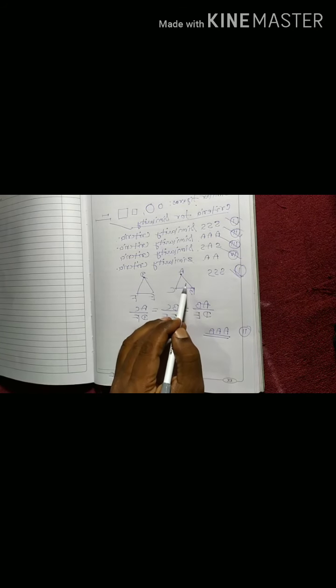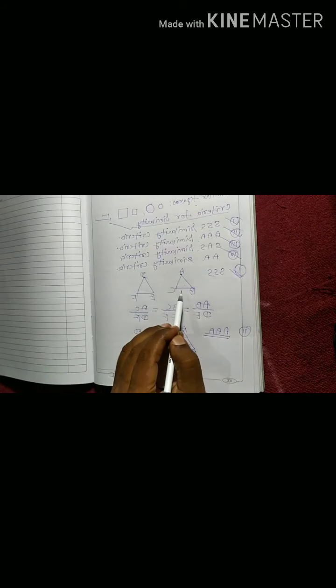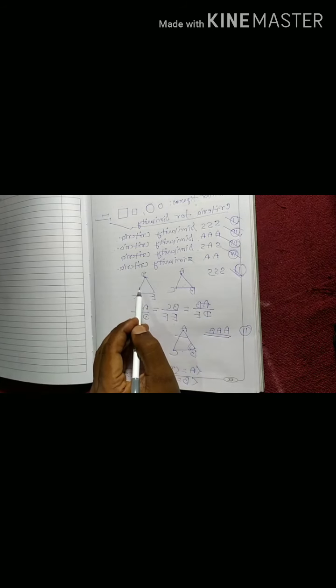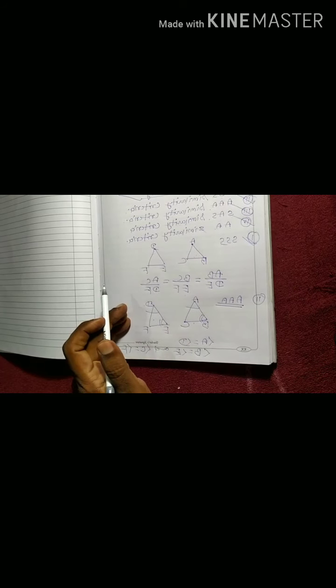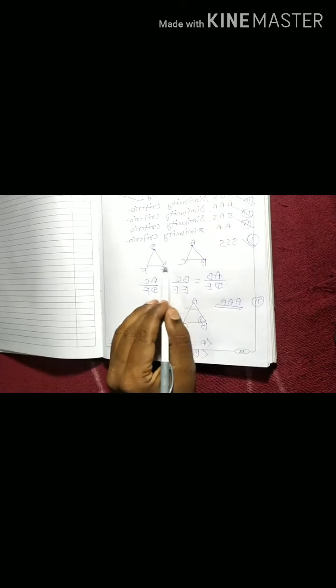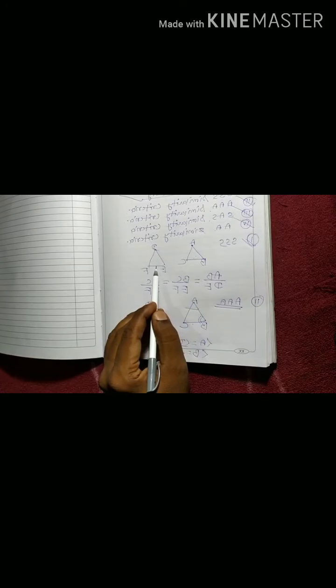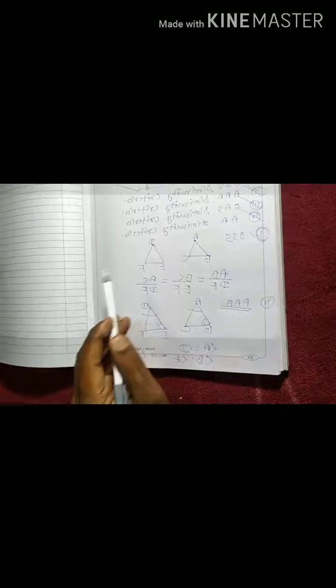Therefore, ratio of AB and DE equals ratio of BC and EF equals ratio of AC and DF. This property of similarity is known as SSS similarity.